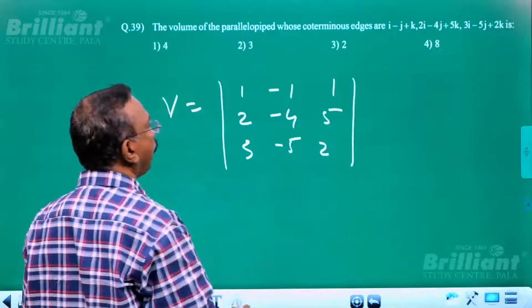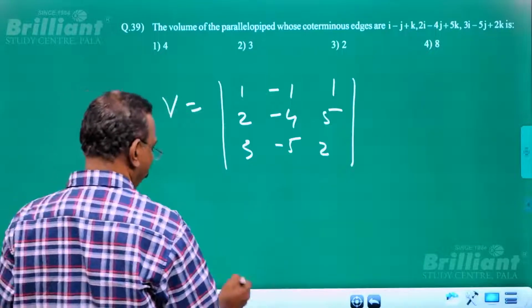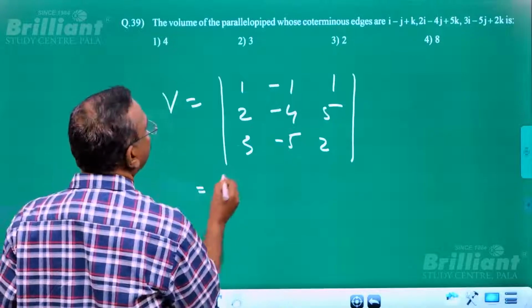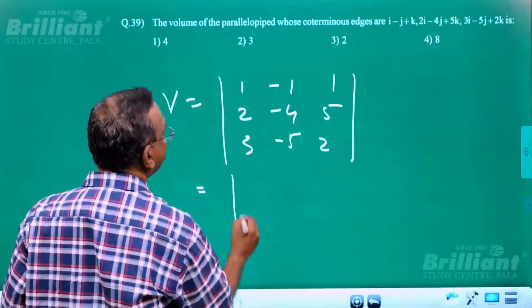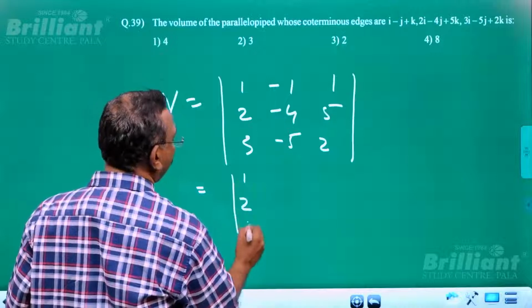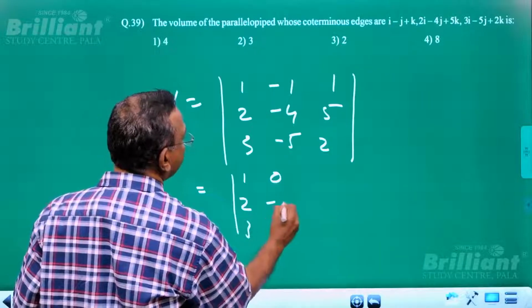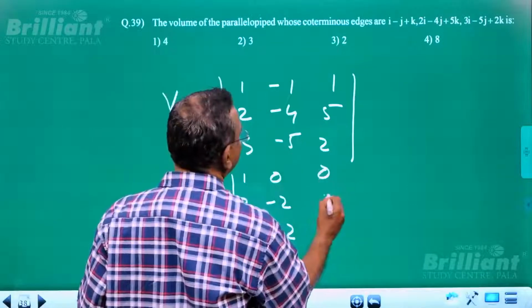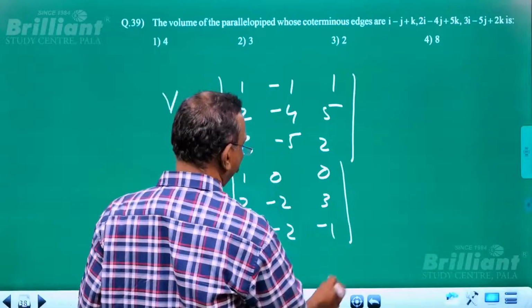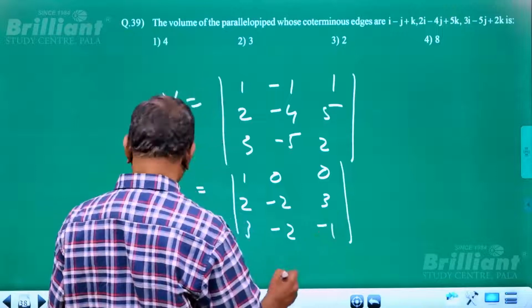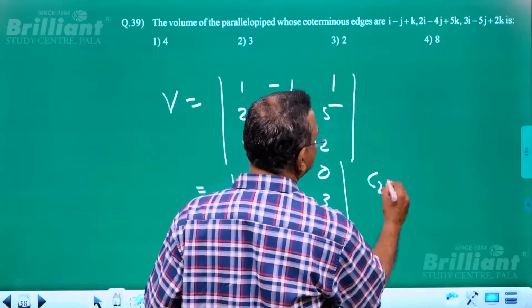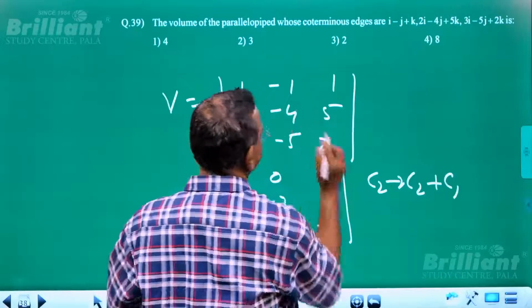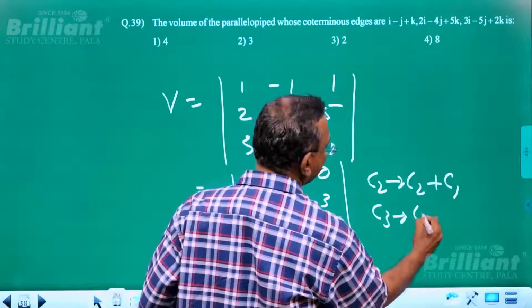We can find the answer directly by using column operations: C2 tends to C2 plus C1, which makes an entry 0, and C3 tends to C3 minus C2.